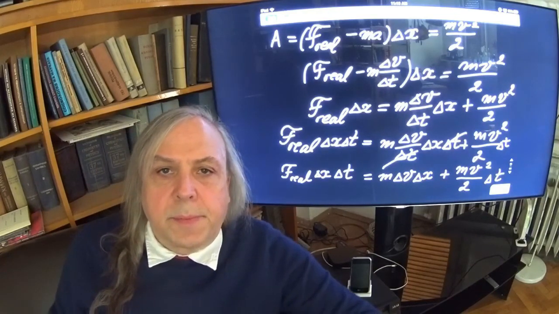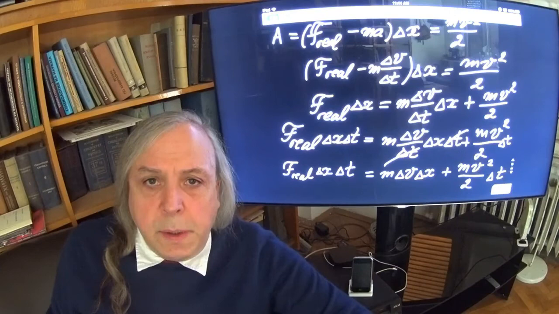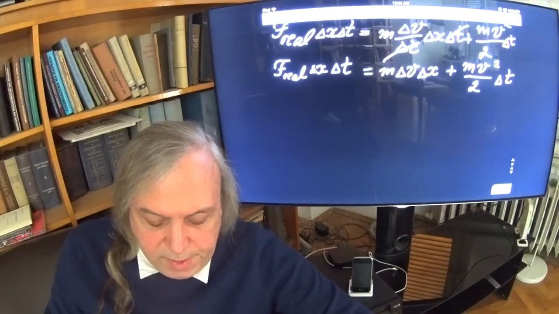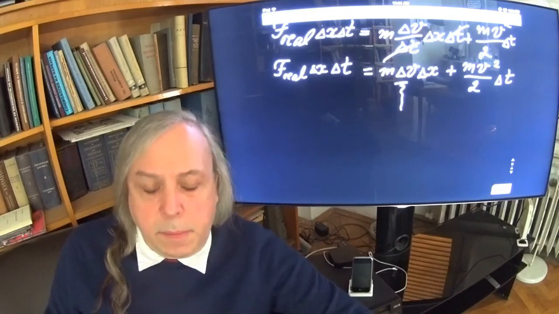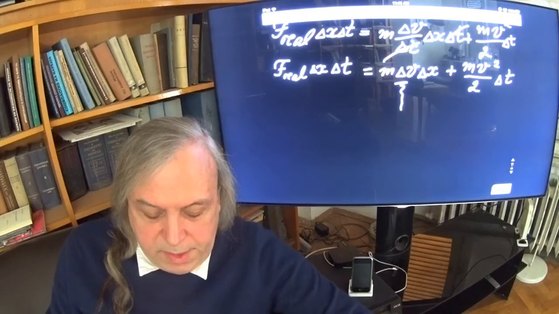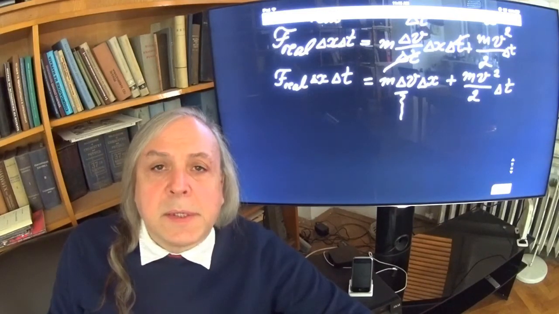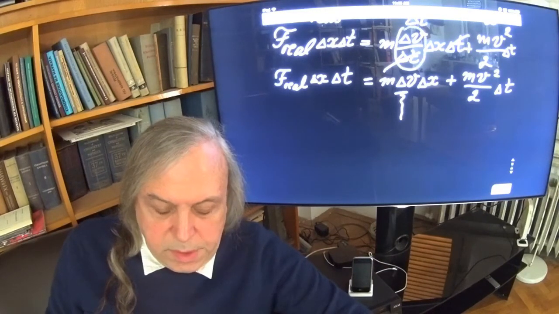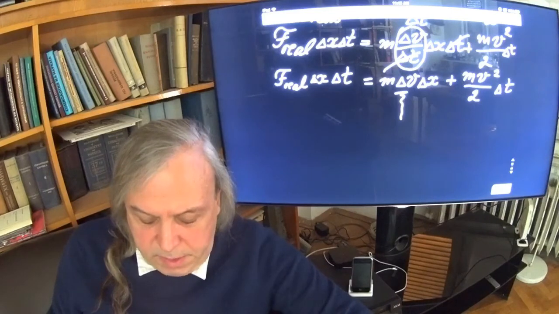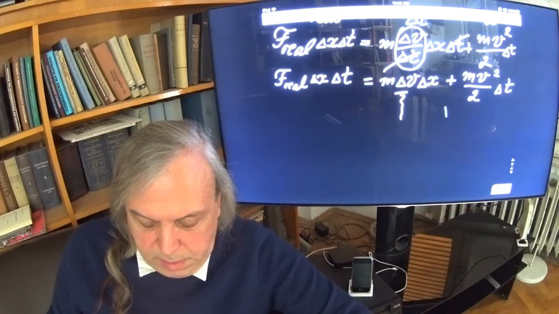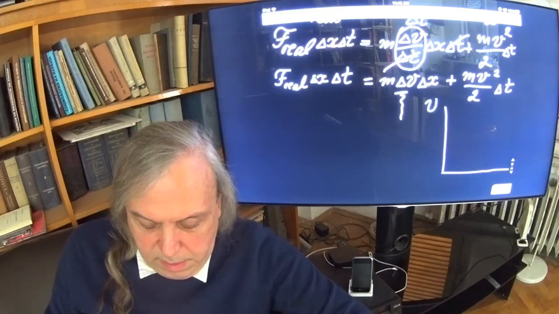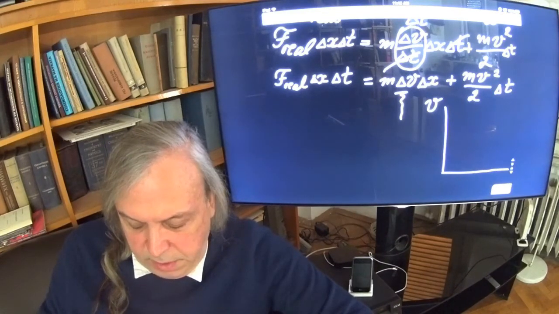Before continuing, we should recall where this delta v came from. This delta v came from the constant acceleration seen in the linear dependence of velocity v as a function of time.